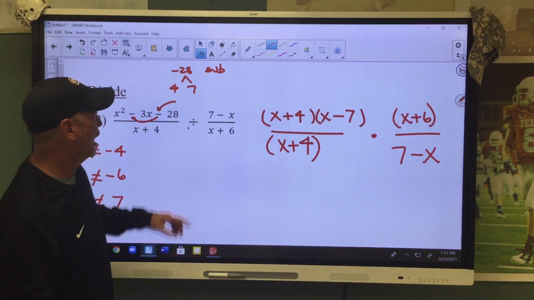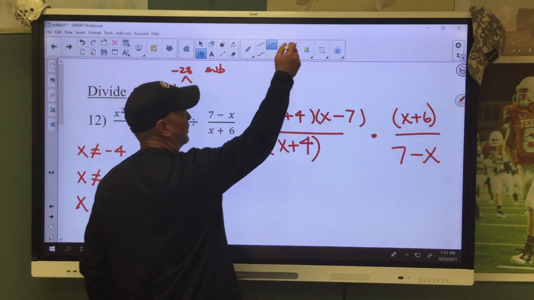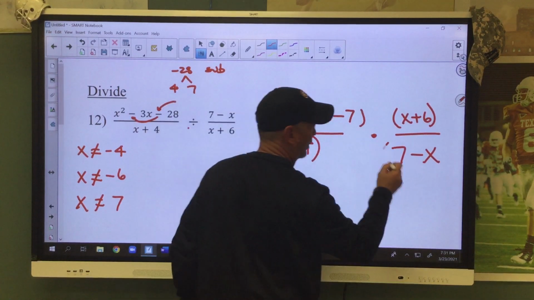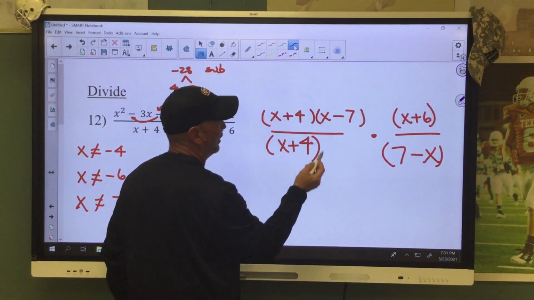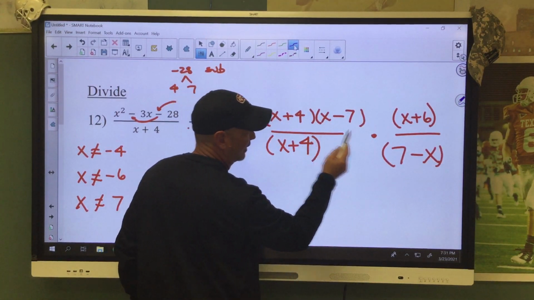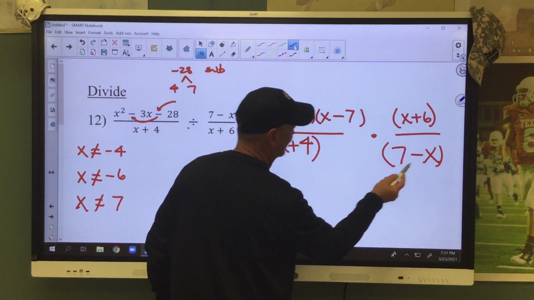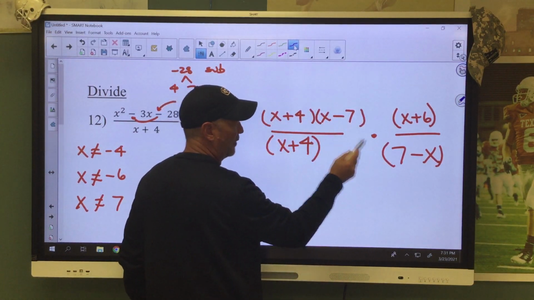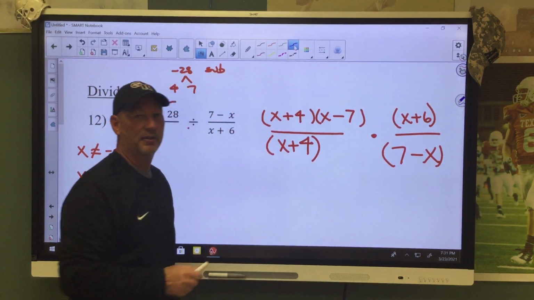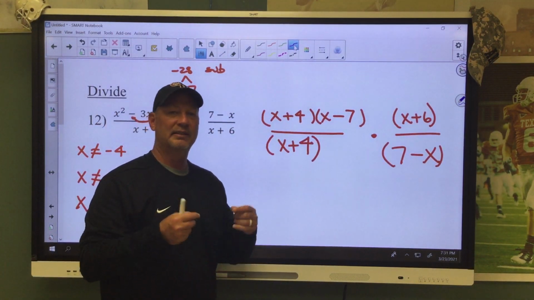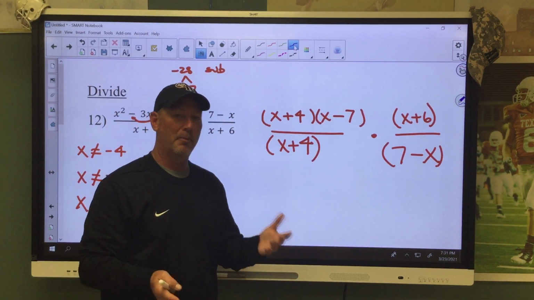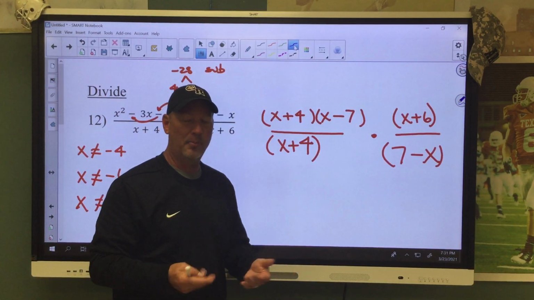Be careful. I need you to notice this. Real quick. This is a positive x. This is a negative x. This is a negative 7. This is a positive 7. Both signs are messed up. Both signs are the opposite.